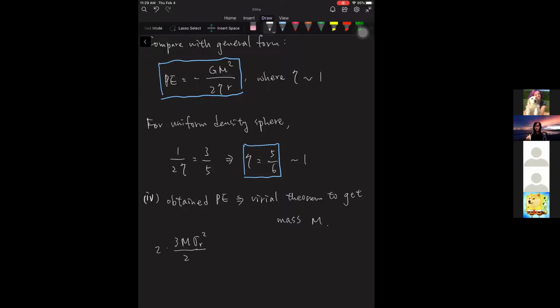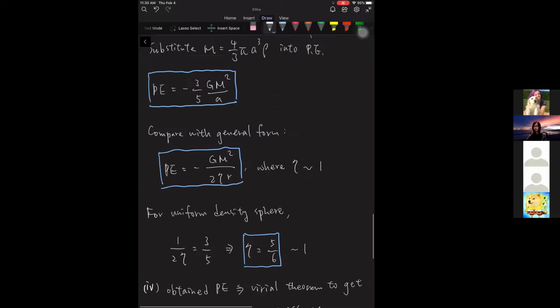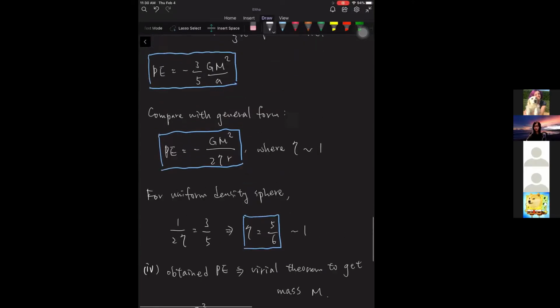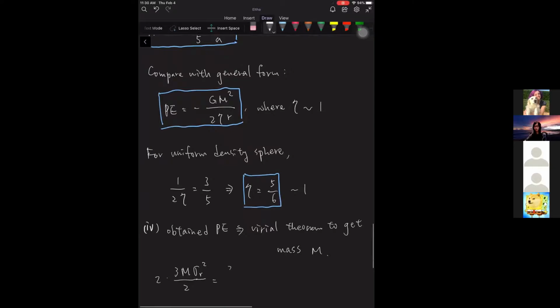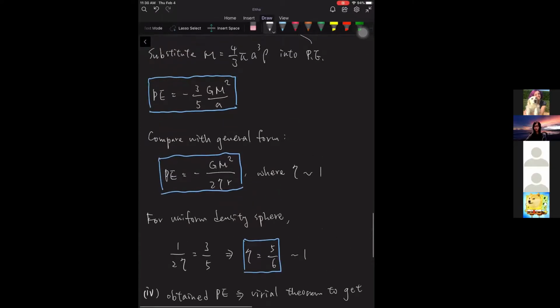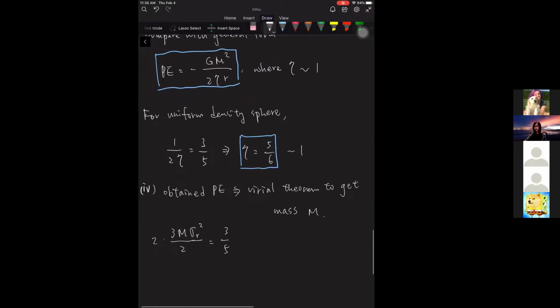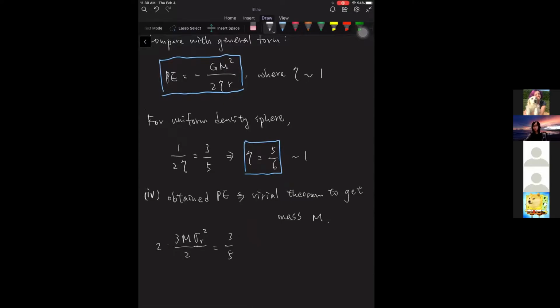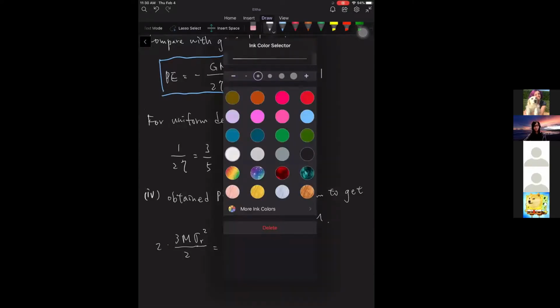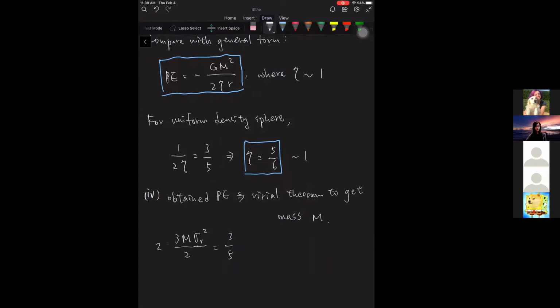So that should be equal to the potential energy we get, which should be 3/5 gm squared over a.